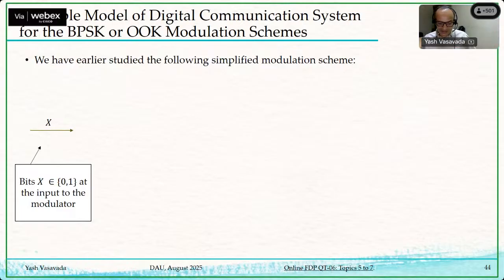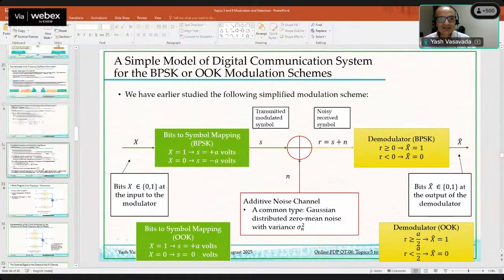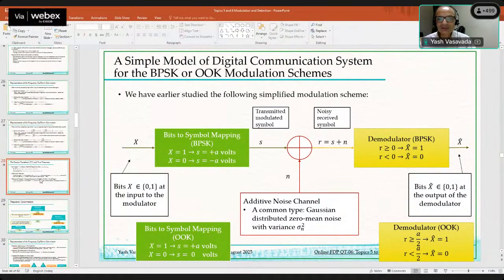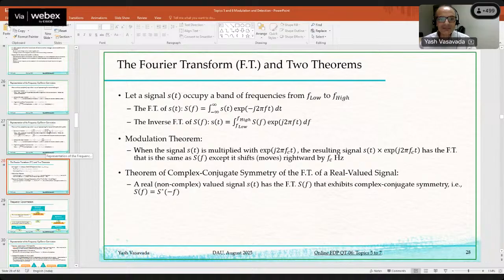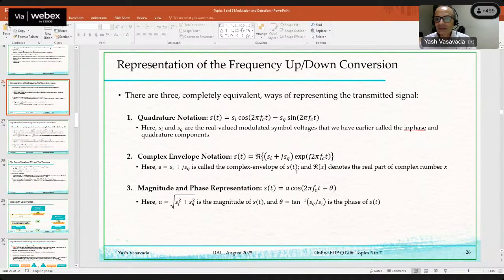But as I said, we skipped over some of those linear algebraic representations. But suppose we say that we did this frequency up conversion and then we did frequency down conversion. And so as a result, we are not going to worry about this 2 pi fct part of it, right? Because when we do frequency up conversion, we multiply by exponent of j2 pi fct.